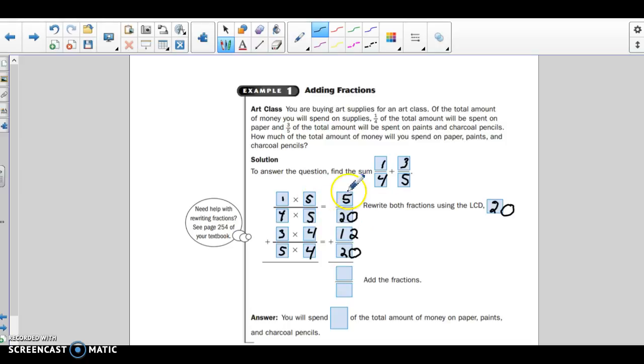Yes. So 5/20 and 12/20 is? 17/20. Good. Now 17 is a prime number, so can we reduce it? No. So our answer is 17/20. You're going to spend 17/20 of the total amount of money on the charcoal, pencils, and paints.